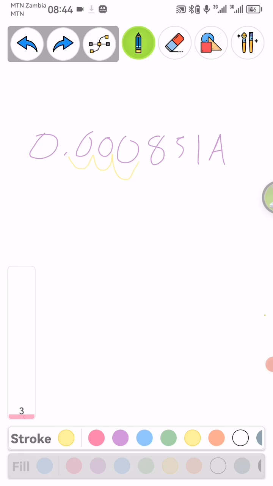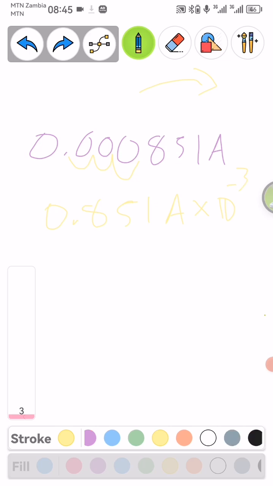Okay, I have my 3 there, so I can end it as 0.851 amps. So if I move 1 2 3 and I'm moving to my right side, that is supposed to be times 10 to the power negative 3.